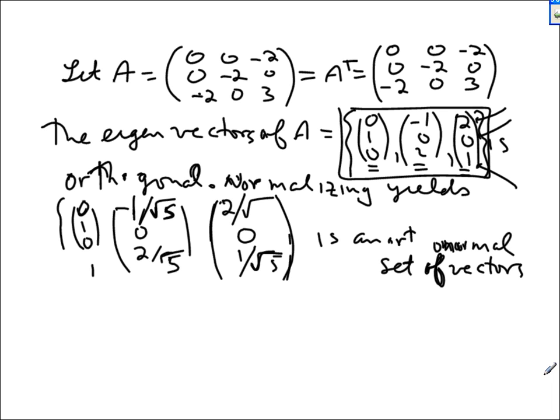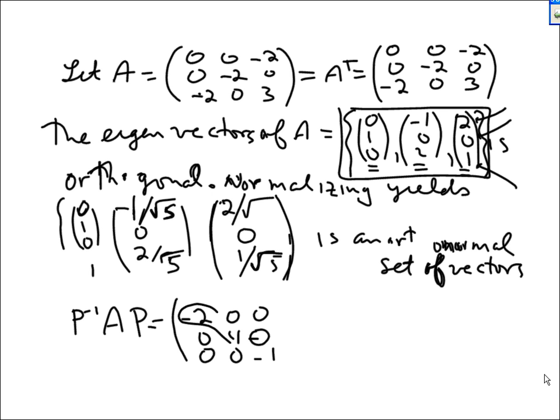Now, if you take P inverse and you multiply it by A, and then you multiply it by P, what you are going to get once again is a diagonal matrix, and what's on the diagonal, those are going to be the eigenvalues. And I do want to say one thing. I guess I should say what P is.